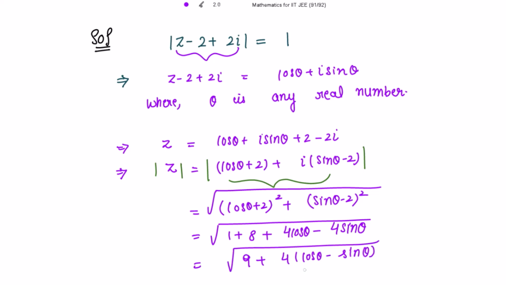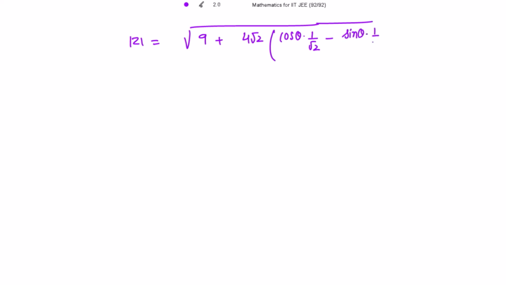Now here I'm having cos theta minus sine of theta in the bracket. What if I multiply this with square root 2 and divide this by square root 2? Multiplying this 4 with square root 2 and taking this 1 over square root 2 inside the bracket. So we get mod of z is equal to square root of 9 plus 4 square root 2, and here we are having cos theta into 1 over root 2 minus sine of theta into 1 over root 2.